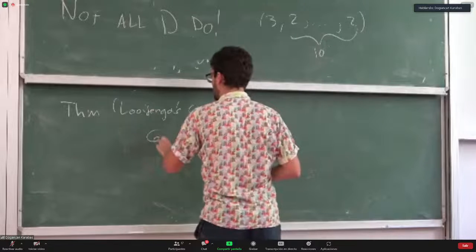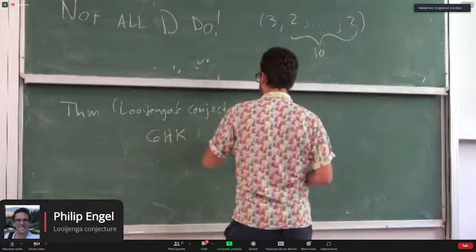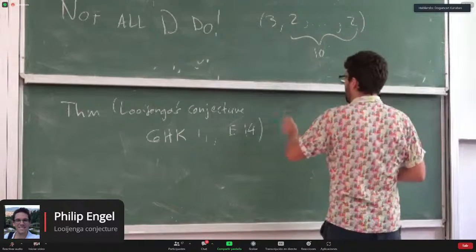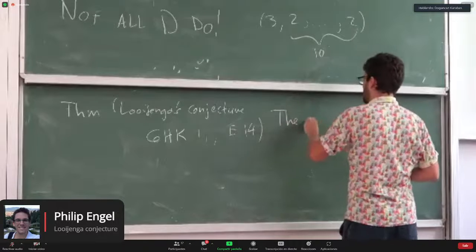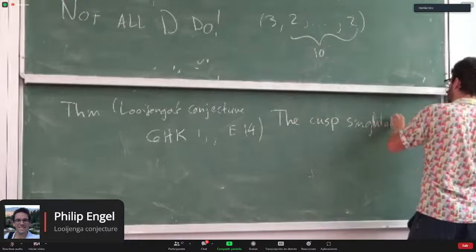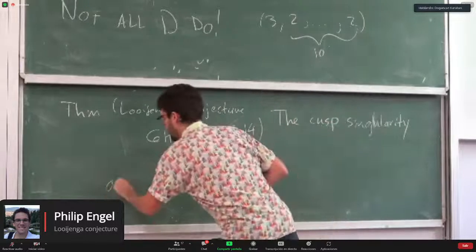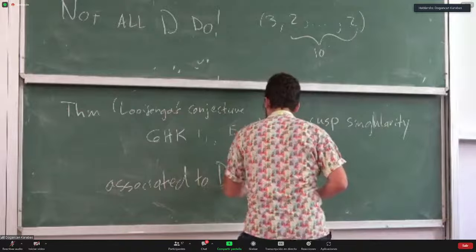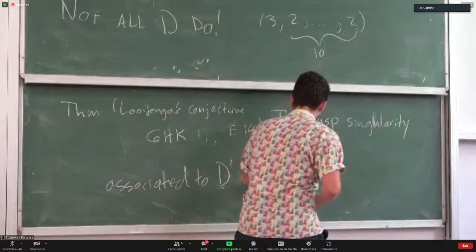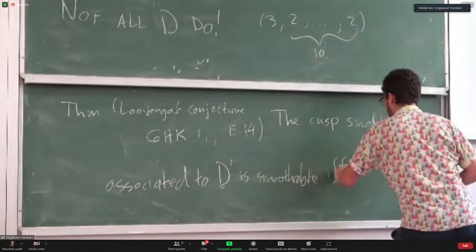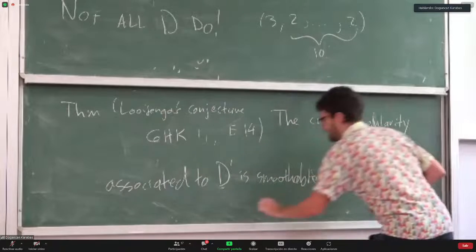So this is due originally to Gross-Hacking-Keel, and myself. The point is that the cusp singularity associated to D prime is smoothable, which we discussed in the previous sections, if and only if D lives on a rational surface.